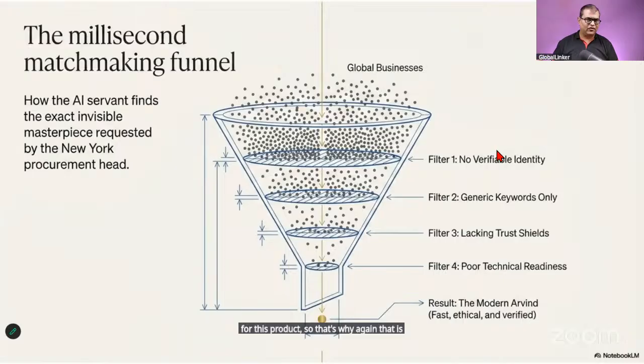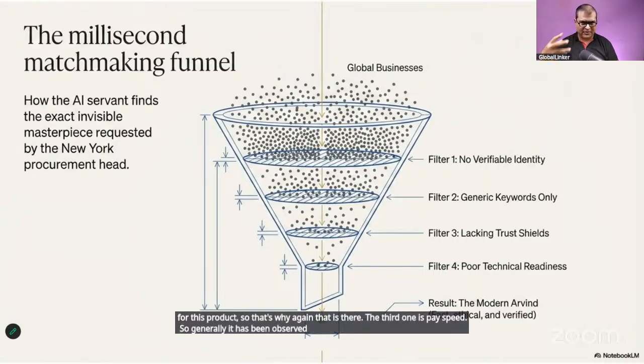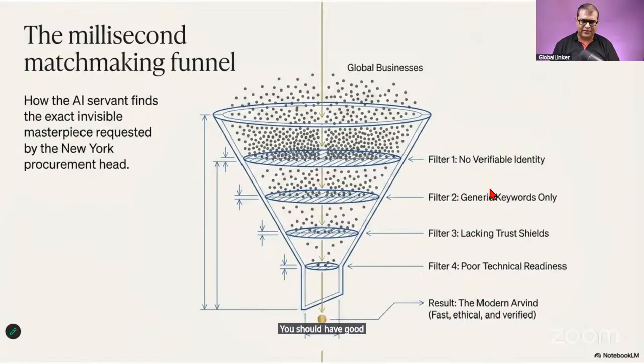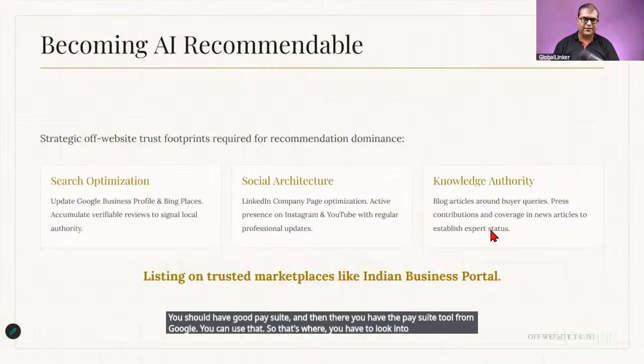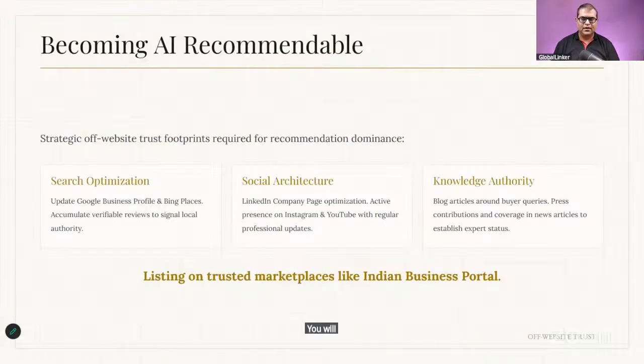The third one is page speed. Generally, it has been observed that websites which are slower are not recommended by AI. So you should have good page speed, and there you have the page speed tool from Google. You can use that. That's where you have to look into those tests, and you will be able to optimize yourself.